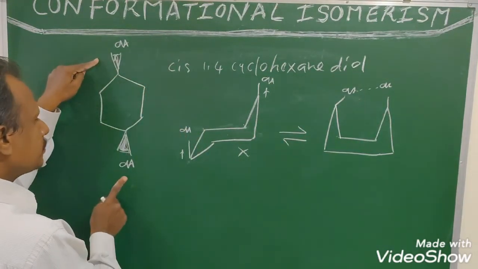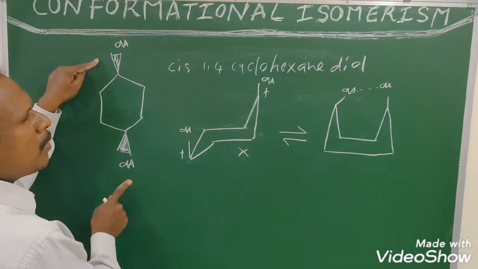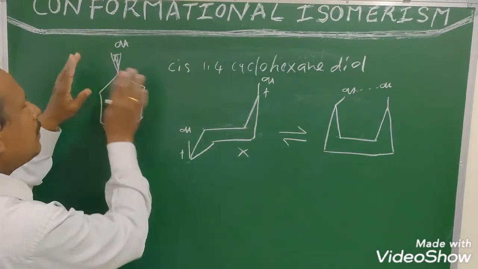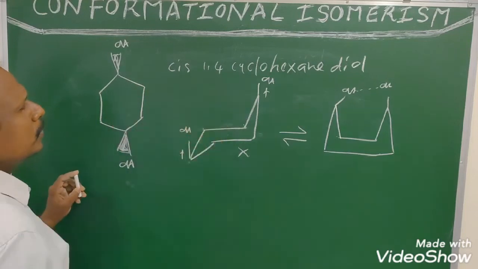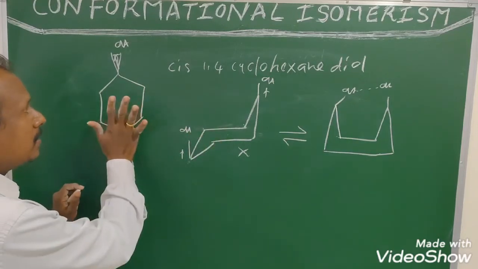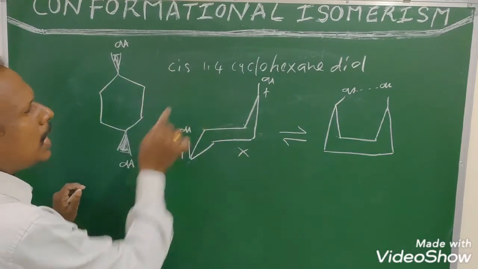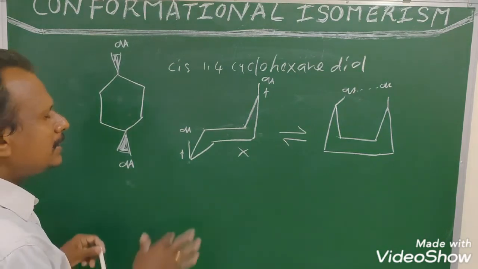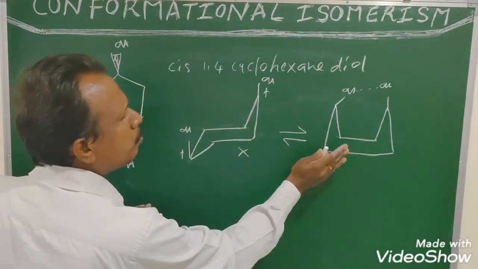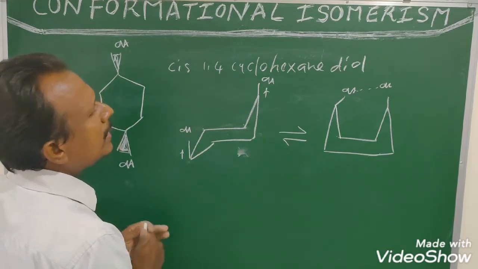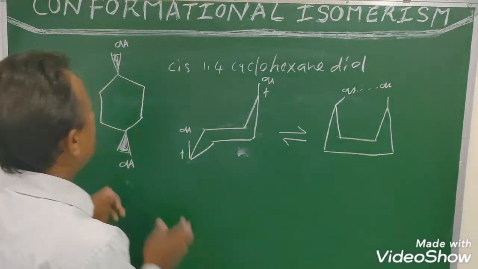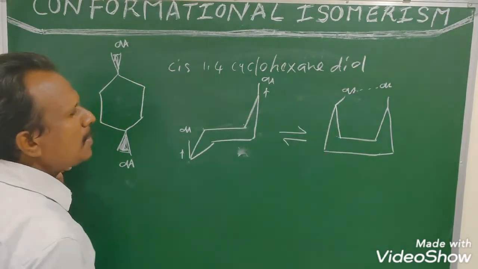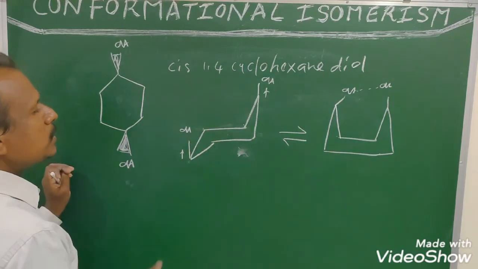Except this cyclohexane diol, the remaining diols have two chair conformations. But this cis 1,4 cyclohexane diol maximum exists only in boat form. To attain stability through intra-H bonding, it exists only in boat form. Chair form is ignored due to intra-H bonding.